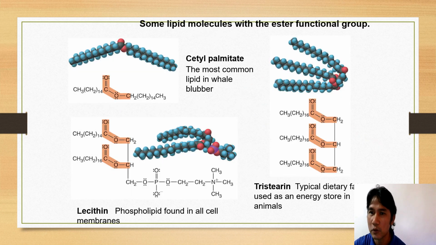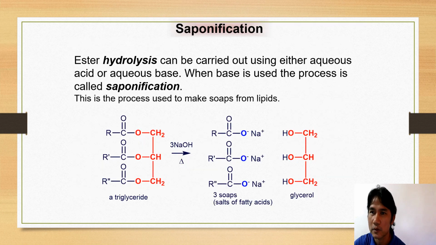Okay, these are some molecules that contain an ester group. Many ester groups can be encountered in lipid chemistry. So this is an example of an ester, a triglyceride, and it could undergo saponification.